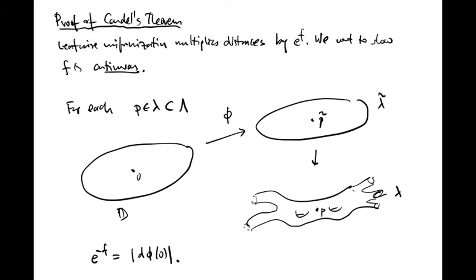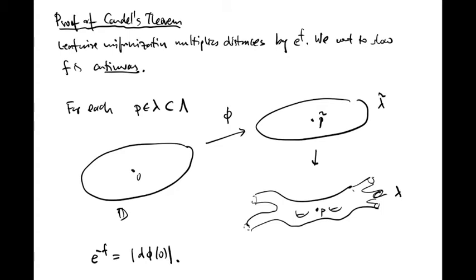Leafwise uniformization multiplies distances by some factor e to the f. We want to show that the function f is continuous. Here's how we compute the function f.